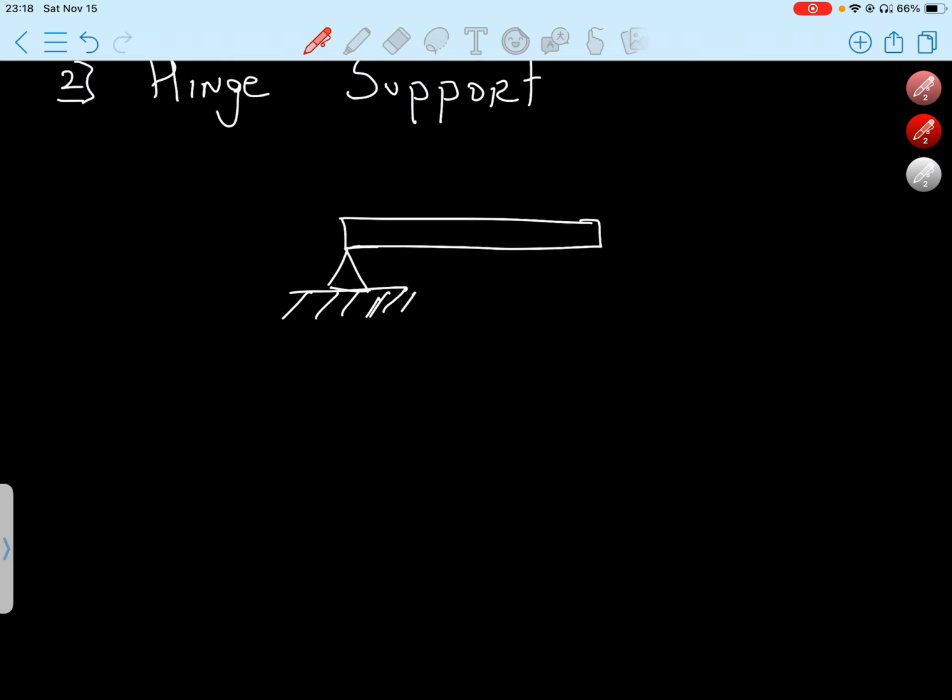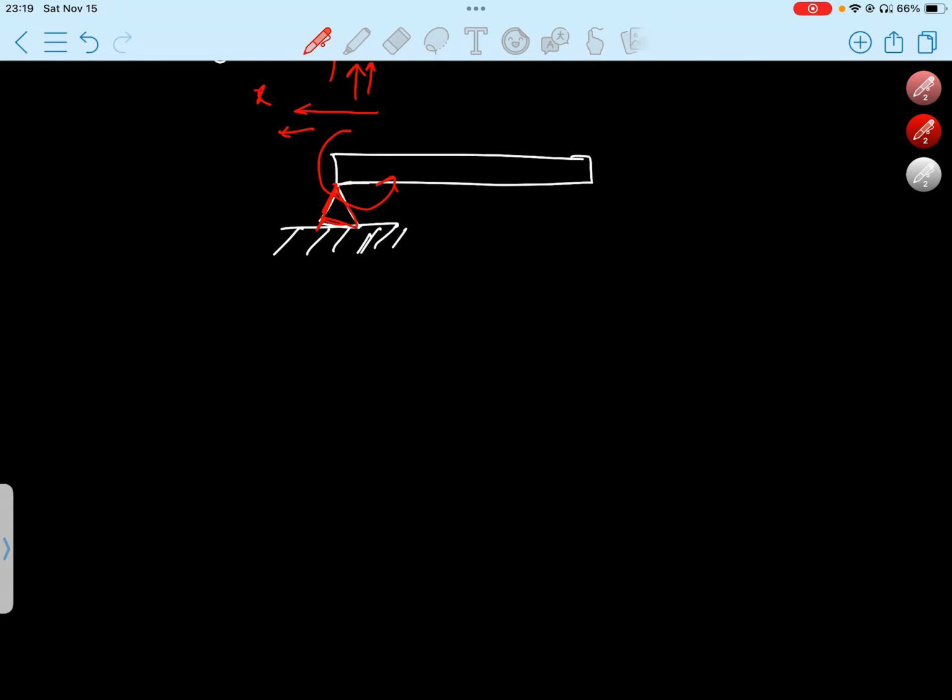Now, as you can see, hinge support stops motion of a rod in the x direction and also in the y direction. Like you cannot push this rod over here. This hinge would stop it from going left, and it cannot even go up. So hinge only allows our rod to rotate about its axis.